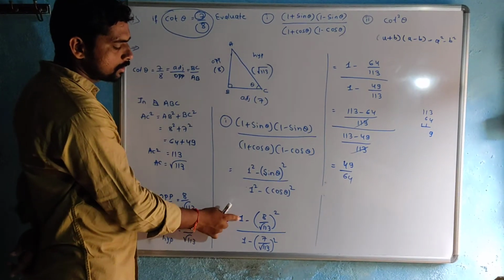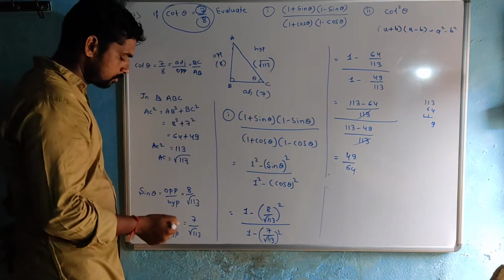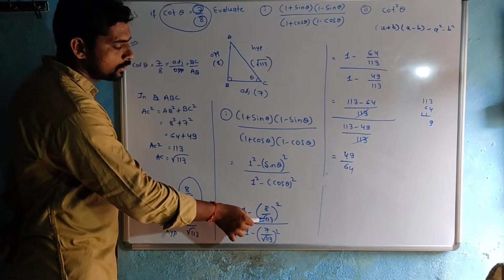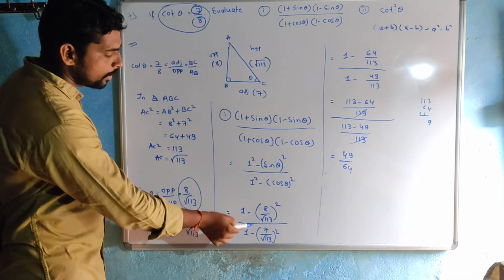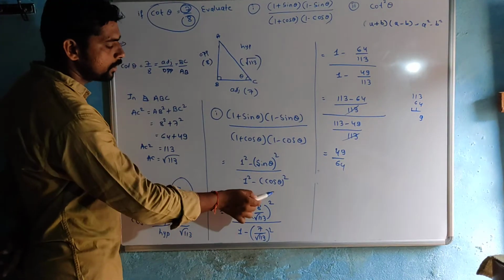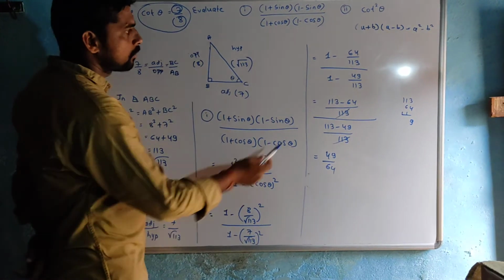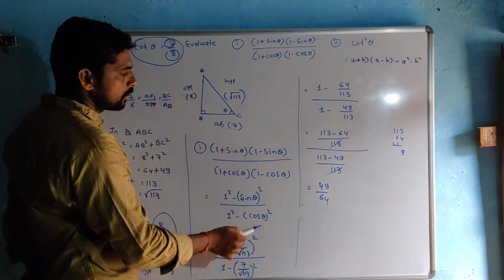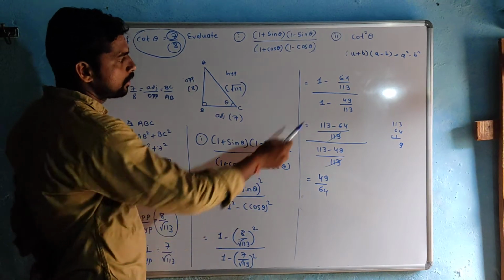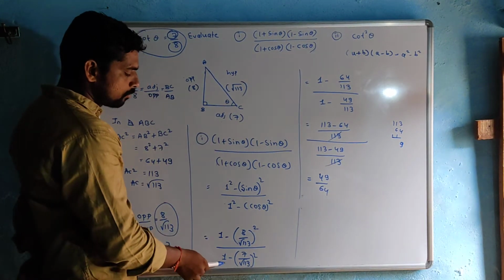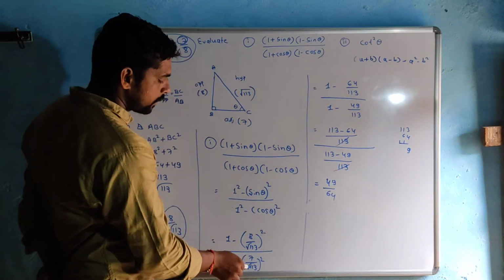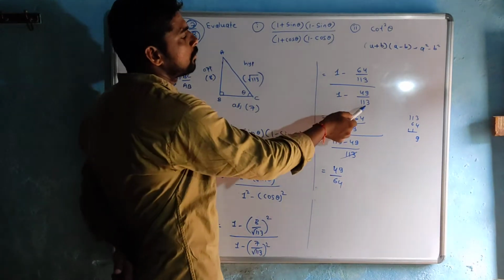See here, 1 minus sin theta square, where you already found the value, 8 by root 113 bracket square. Divided by 1 minus cos theta square, where the value is 7 by root 113 bracket square. See here, 1 as it is, 8 square is 64, and square and root get cancelled, remains only 113. 1 minus 7 square, 49, same, square and root get cancelled, remains 113.